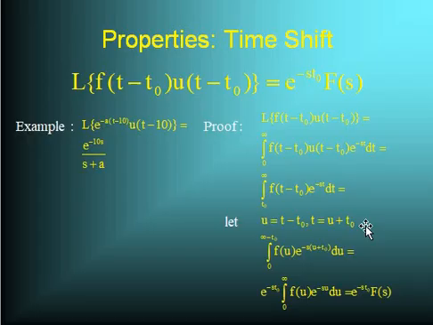When we use e power st f of t dt, the shift is increased from the origin to the given power. In this example, e power minus a t minus 10 times u of t minus 10 will give you e power minus 10s over s plus a.